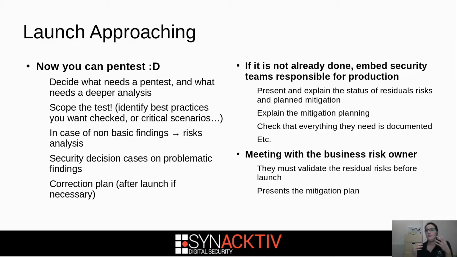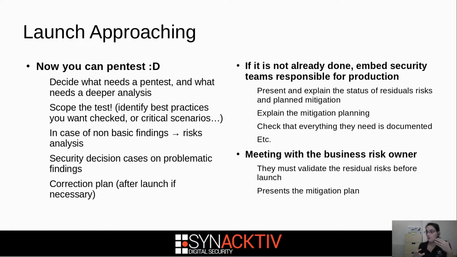Okay, if you have a security team responsible for production, so for the product life, SOC, CERT, I don't know, you should embed them in your project if it's not already done. So you should present and explain the status of all residual risk. You should explain the mitigation planning.